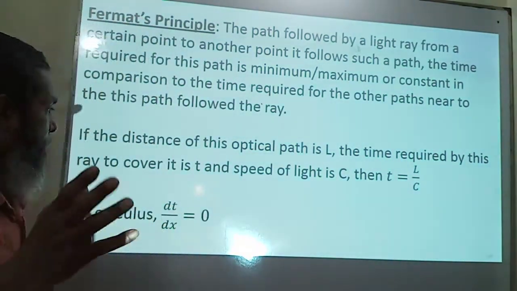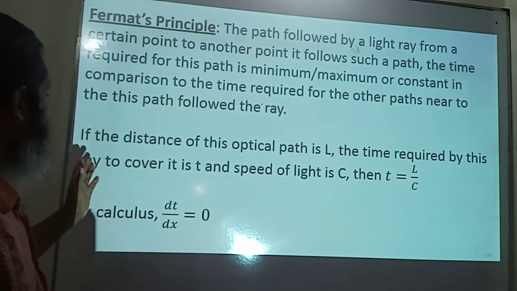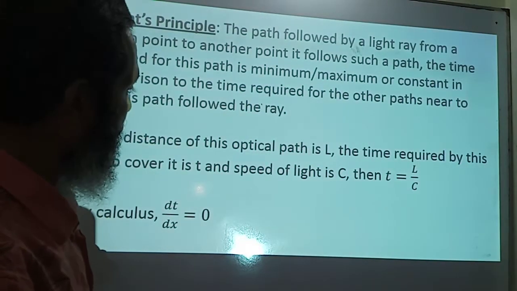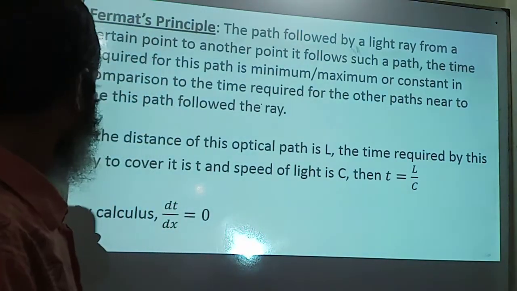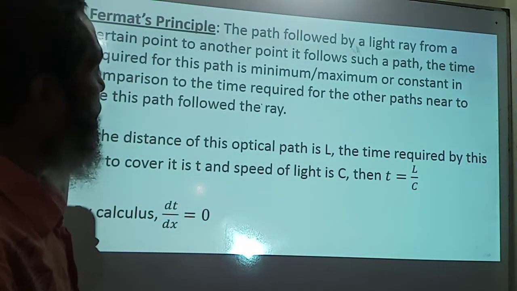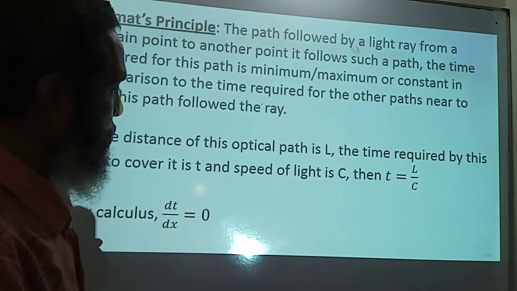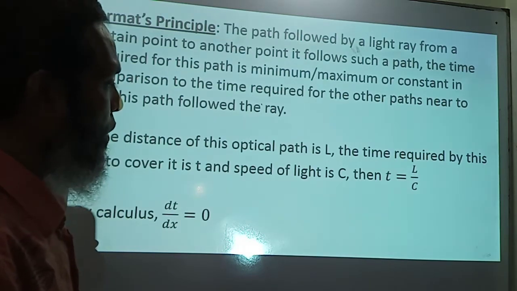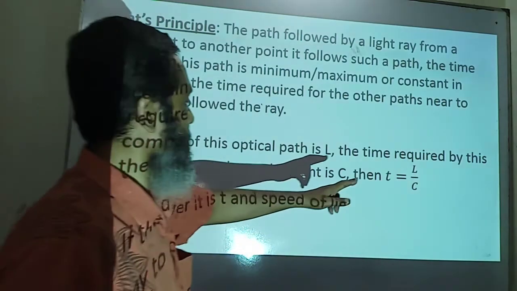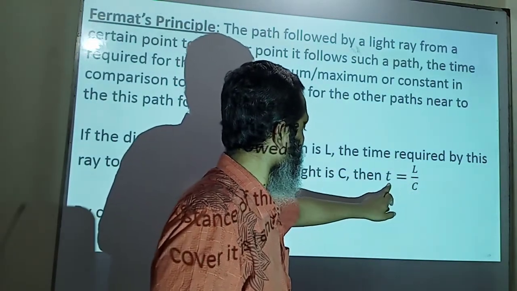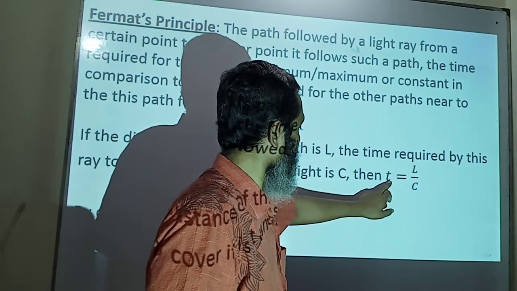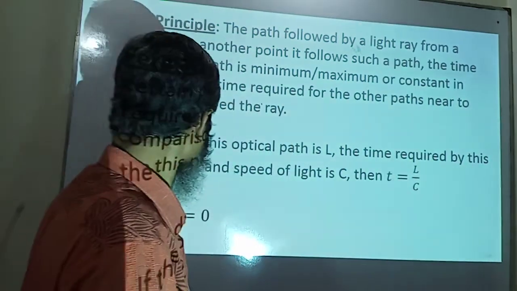So if the distance of this optical path is L, the time required by this ray to cover it is T, and the speed of light is c, then T is equal to L by c. Here L is the distance covered by the light, c is the velocity of the light, and T is the time required to cover this path.